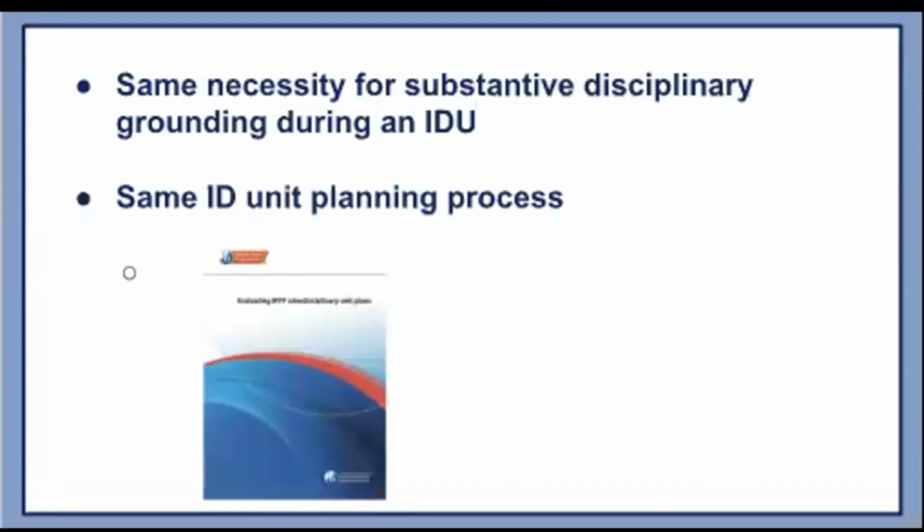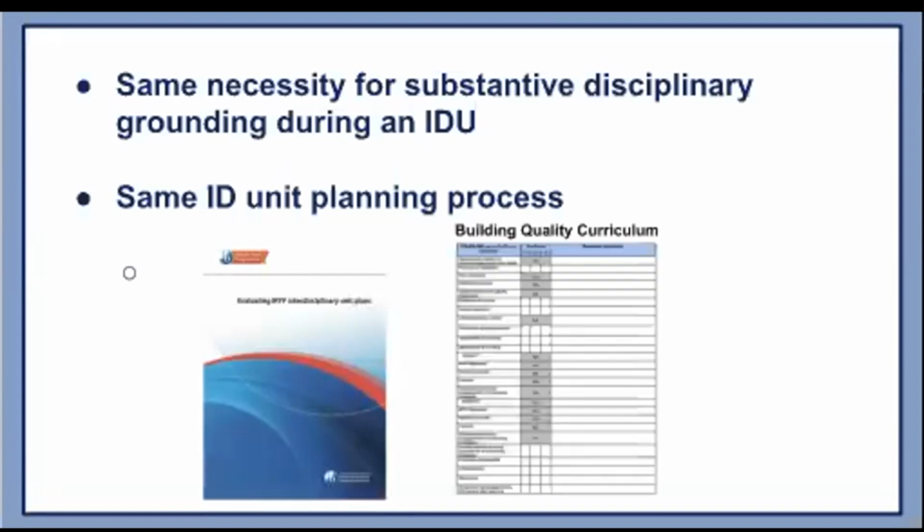It's the same evaluating MYP interdisciplinary unit plans guide, although I'm thinking as I was looking through it again more closely, that might get a tiny bit of updating as well so that it fully aligns with the guidance in the new guide. And currently, it's the same BQC process that aligns with that publication.